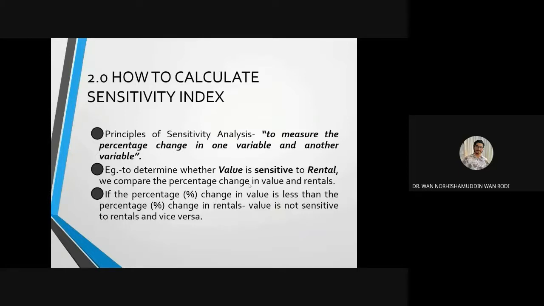For example, if we want to decide whether the value is sensitive to rental, normally we will compare the percentage change in value and rentals. If the percentage change in value is less than the percentage change in rental, value is not sensitive to rental, and vice versa. Apart from that, we have the calculation that we need to apply within this topic.